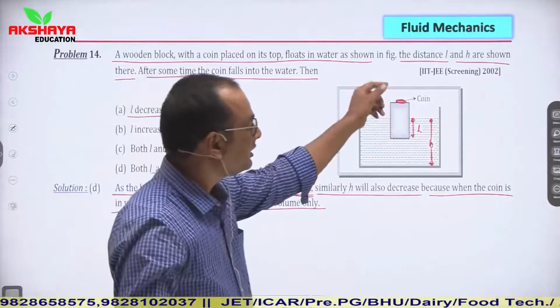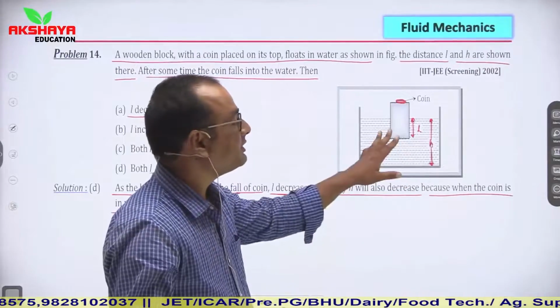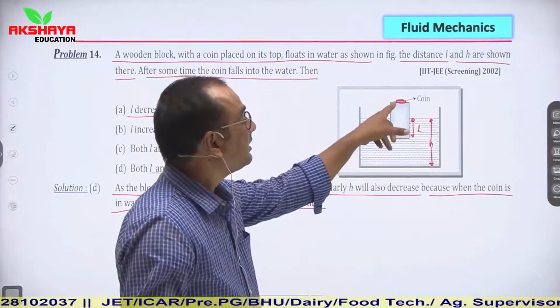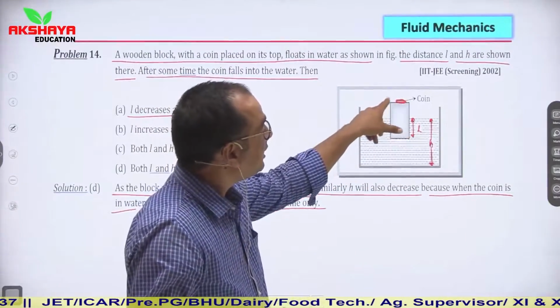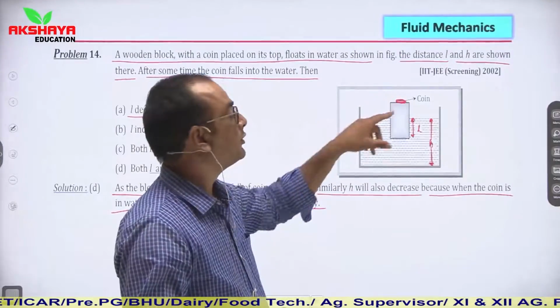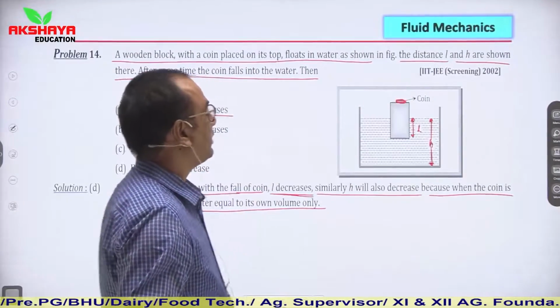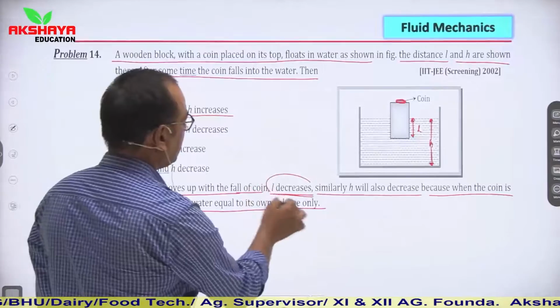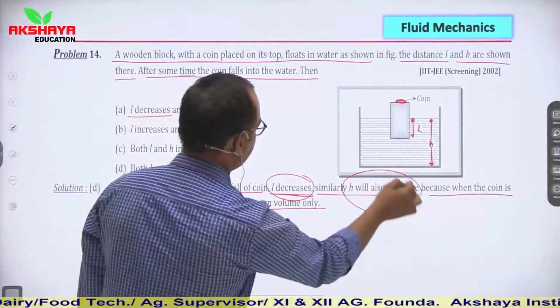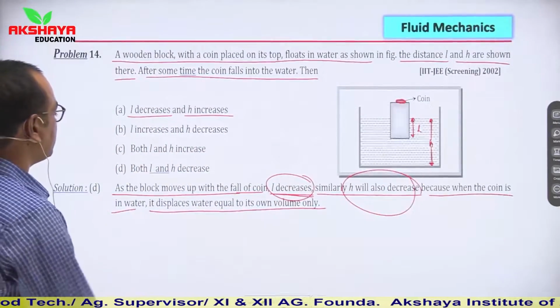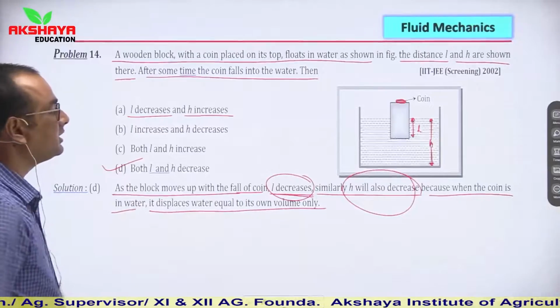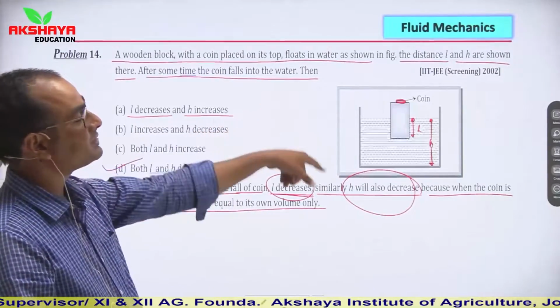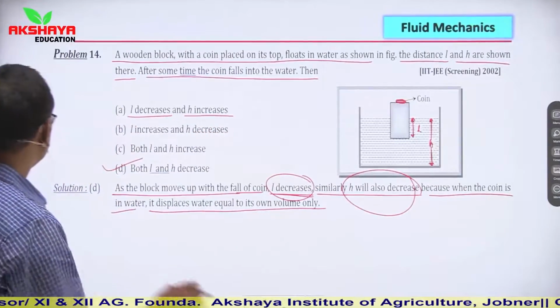So when this coin drops inside the liquid, it simply displaces liquid equal to the volume contained by the coin. So L and H both will decrease when this coin falls in the liquid.